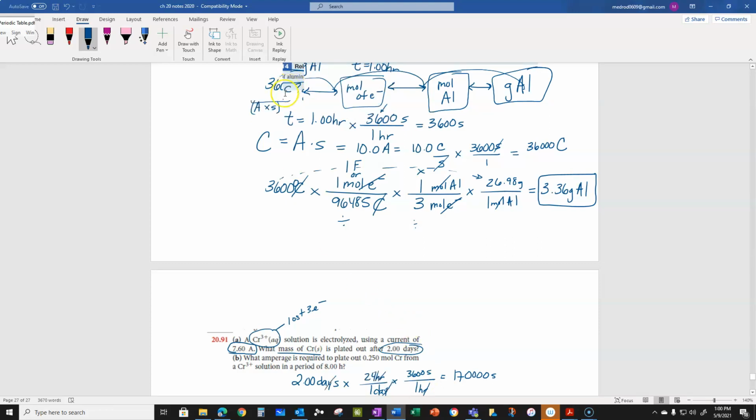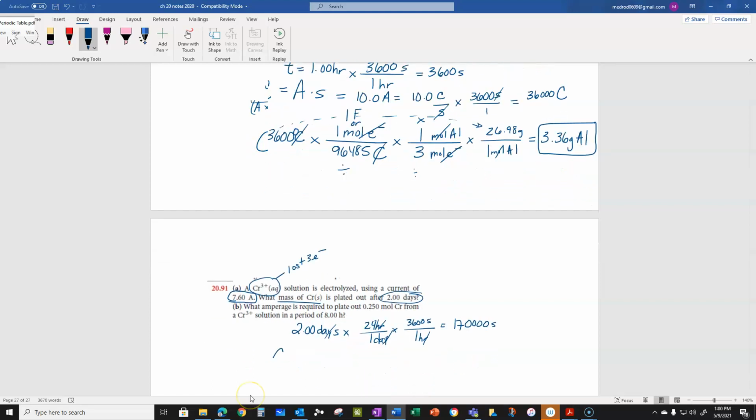And now let's use our coulombs equals A times S. So coulomb equals amps times seconds. And our amps was 7.60 big A. And if we, remember, convert that amps into coulombs, 7.60 big C over S. Okay, and that right there, that helps you with this.